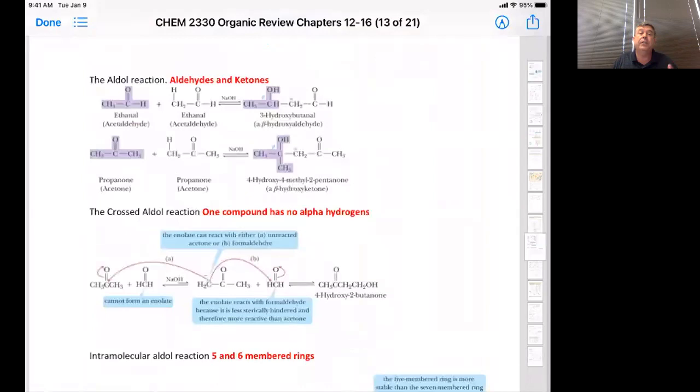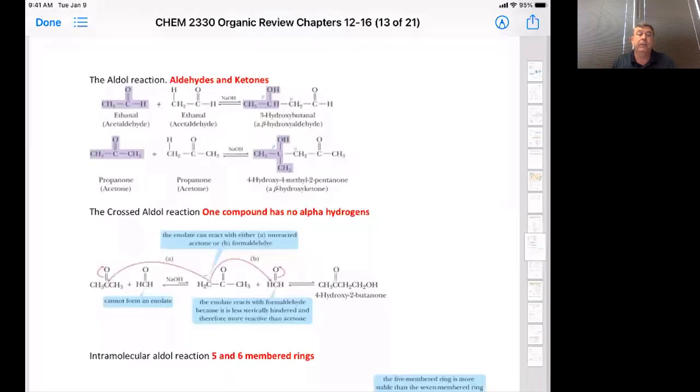In the aldol reaction, you use aldehydes or ketones, and you initially form a beta hydroxy aldehyde or ketone. Okay, so that's the aldol reaction. If you heat that reaction up, it loses water and becomes an unsaturated aldehyde or ketone.